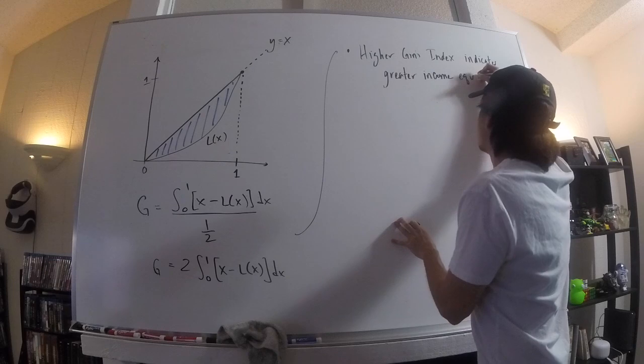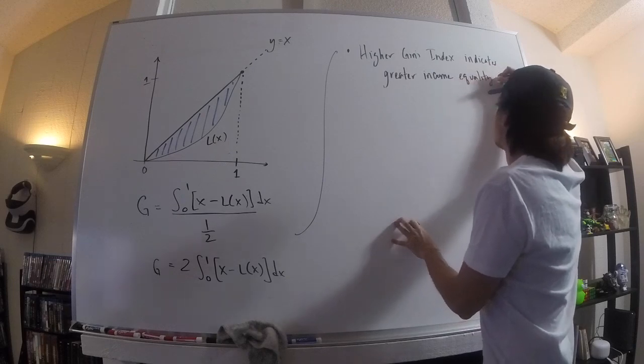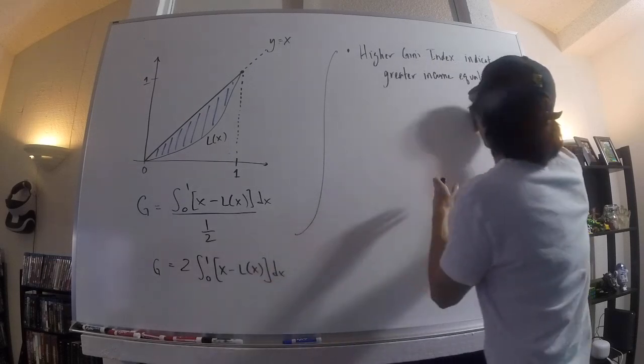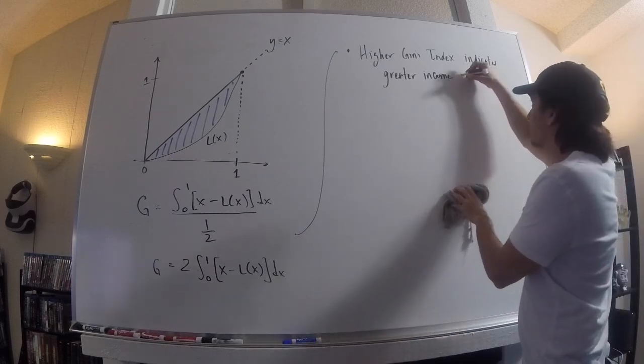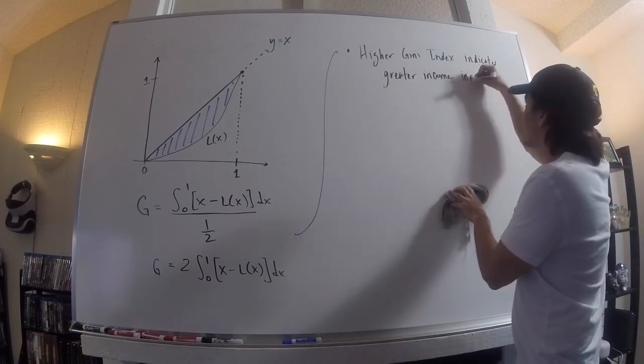That's one phrasing of it. Ew, that's not the correct phrasing, I just said it. You've got to read carefully whether they're talking about equality or inequality, and I wrote the wrong thing. Greater income inequality.